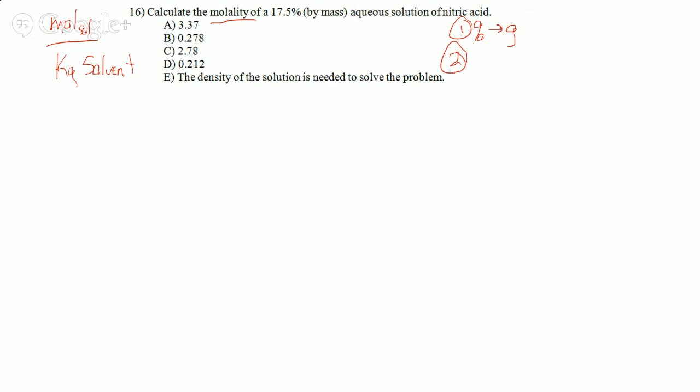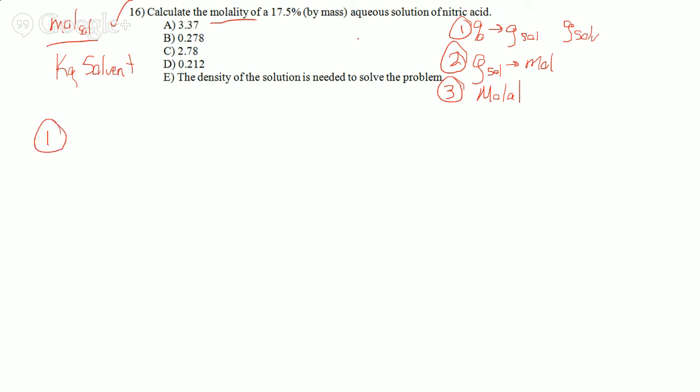Then if I got grams of solute, I can convert that to moles, which would be the top part. I still need kilograms of solvent, which I can get from the first step. I can get grams of solute and grams of solvent, so then I can just plug into the molal equation.